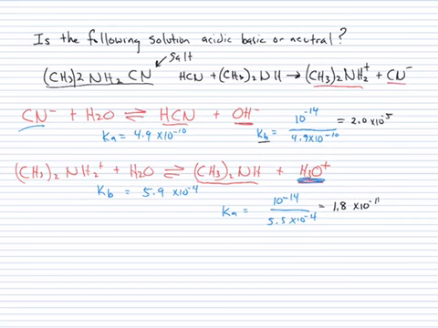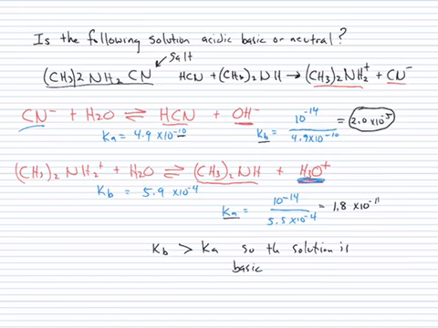When we solve for Ka of our second reaction, we get 1.8 times 10 to the minus 11. So clearly we can see that our top reaction has a greater K value. So we would say that Kb for this reaction is greater than Ka. So the solution is going to be basic.